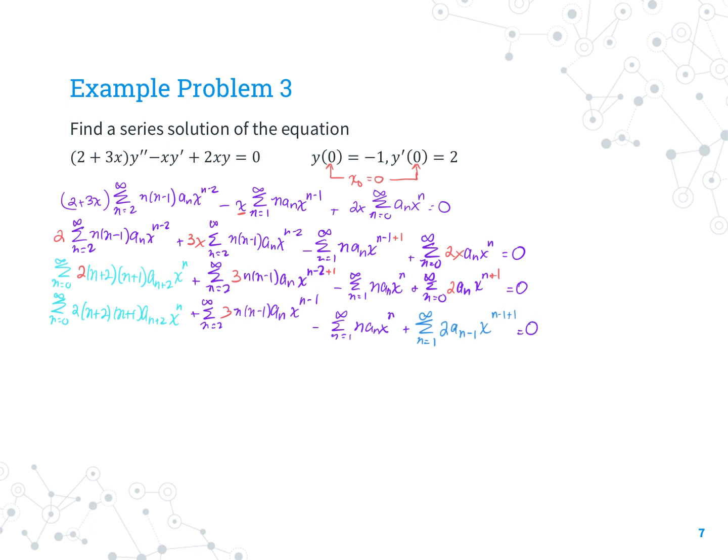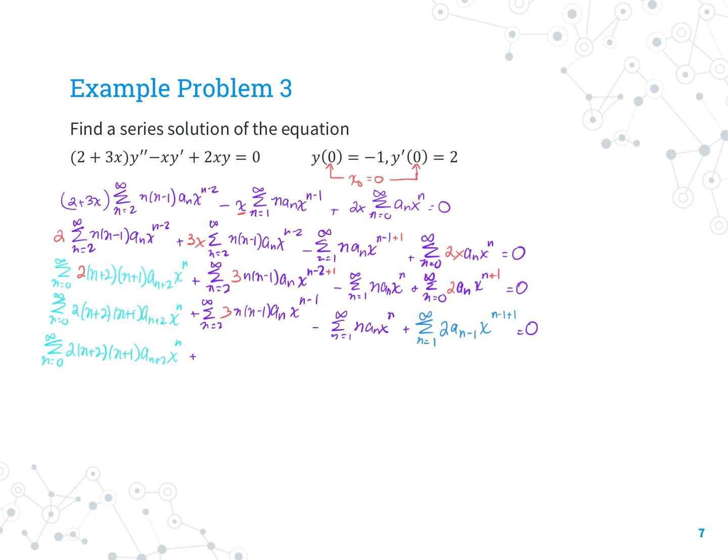So we have one last shift to do, which is our second sum. So our first is still n equals 0 to infinity, 2(n+2)(n+1) a sub n+2 x to the n. And now our second sum currently is n minus 1, so we need to shift n up by 1.